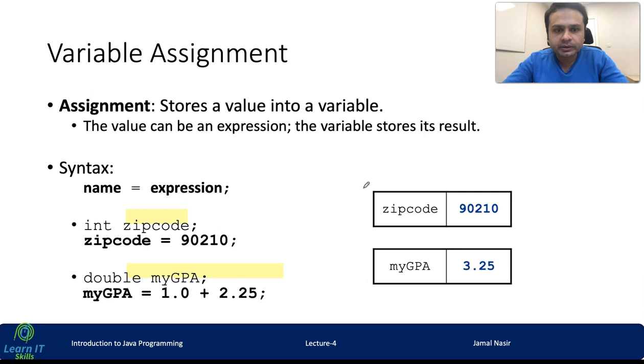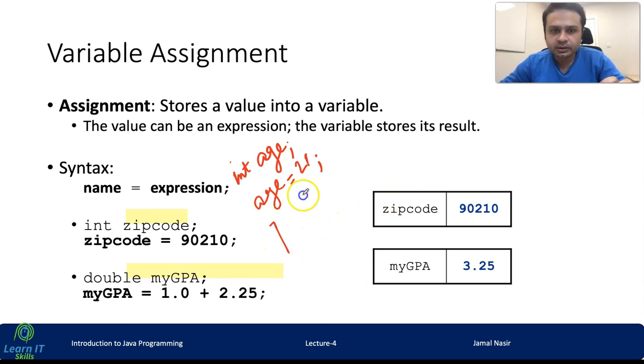So this is assignment. Let's say I have a variable age, and later on I assign age equals 21. What does it mean? If I have one variable, then in the memory I am just updating its value to 21. In the next line of code, if I change its value to 29, then this value would become 29.